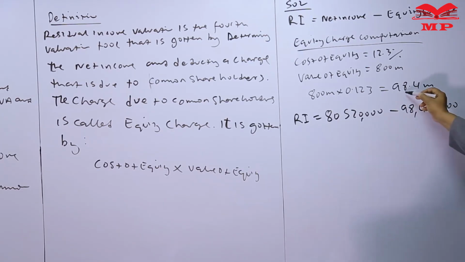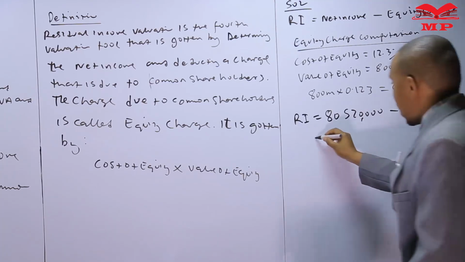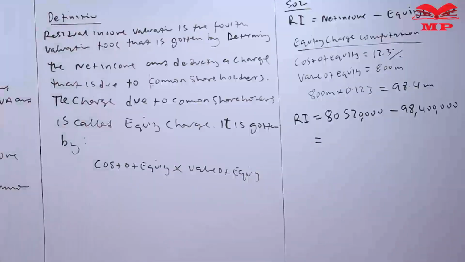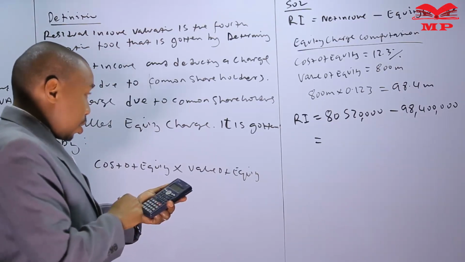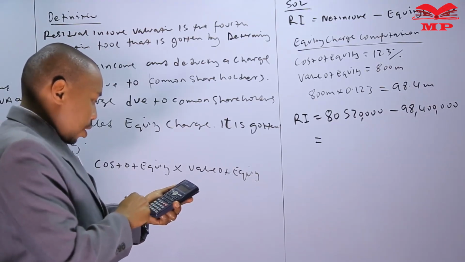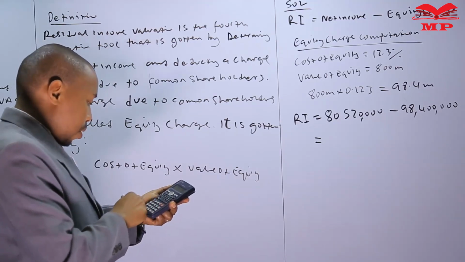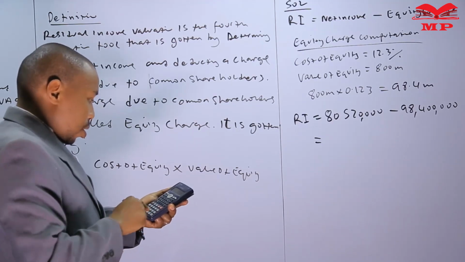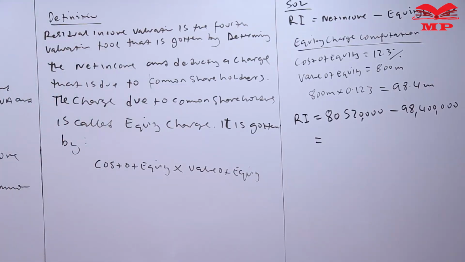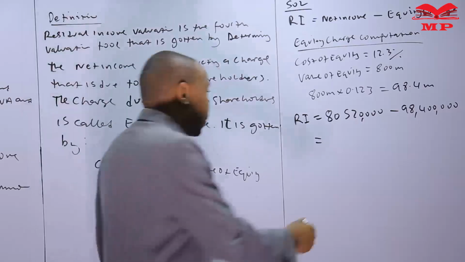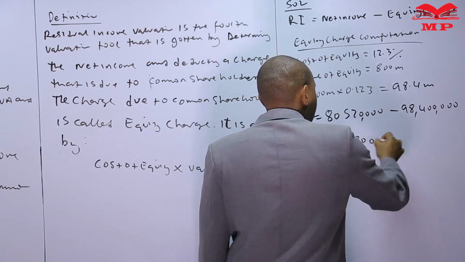How much do we get? 80,520,000 less 98,400,000 gives us negative 17,880,000.